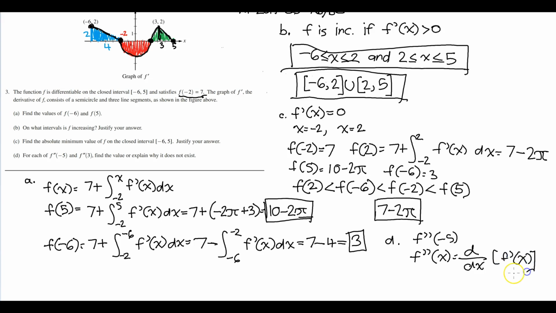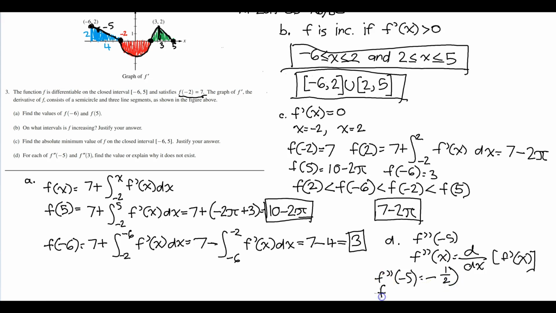So we literally need to find the slope of f prime at x equals -5. That's over here, the slope of this line segment. So we're going down 2 and right 4. Just finding the slope of the line, f double prime of -5 is -1/2.